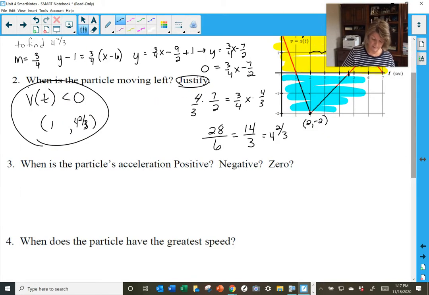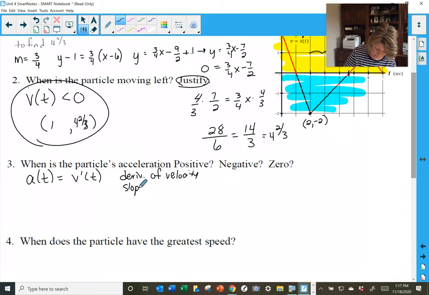The next thing is the particle's acceleration: positive, negative, and 0. So acceleration is v prime, isn't it? It's the derivative of velocity. Or it's the slope of velocity.